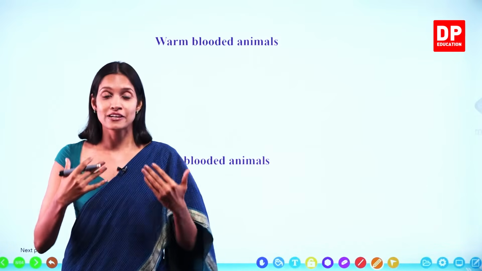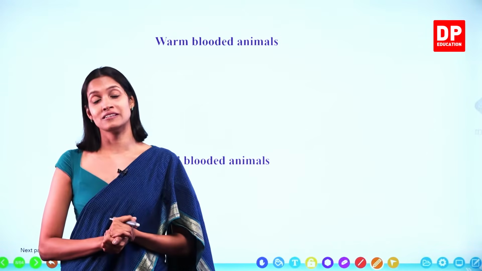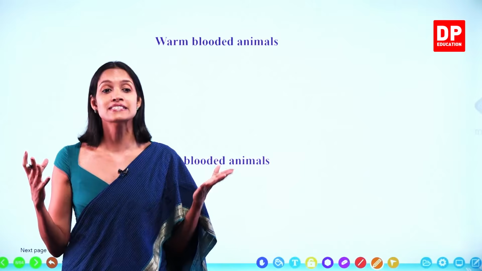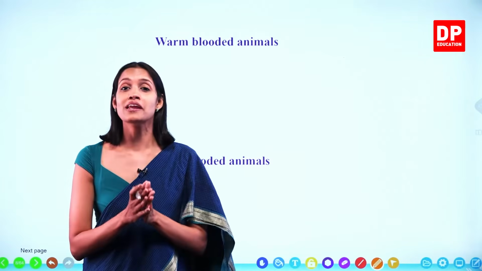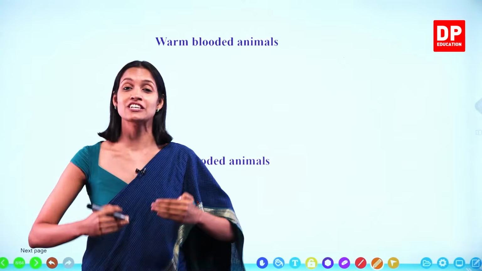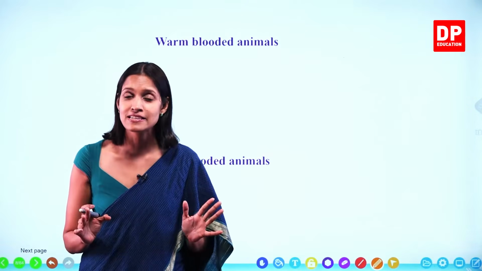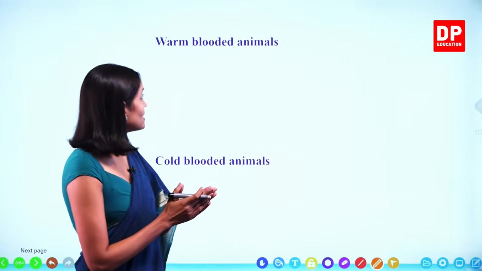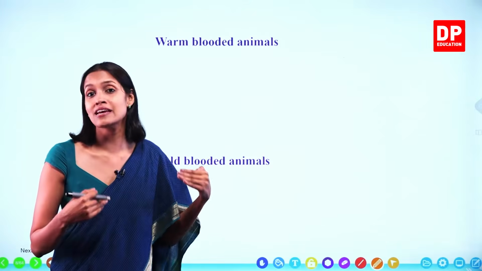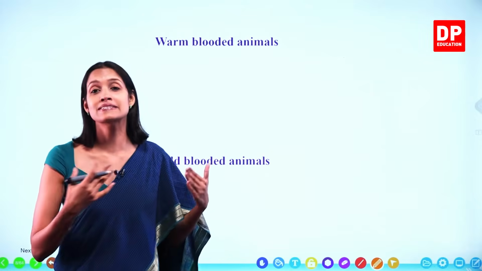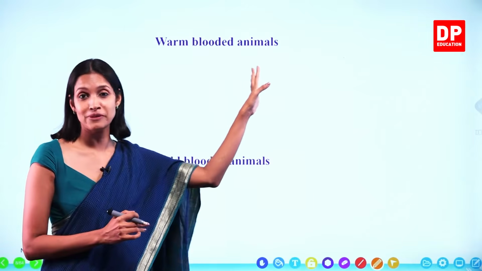By both these actions, we can maintain a constant temperature, which is 37 degrees Celsius. So remember, children, the animals that can control their body temperature at the same level, whatever the environmental temperature is, are known as warm-blooded animals.